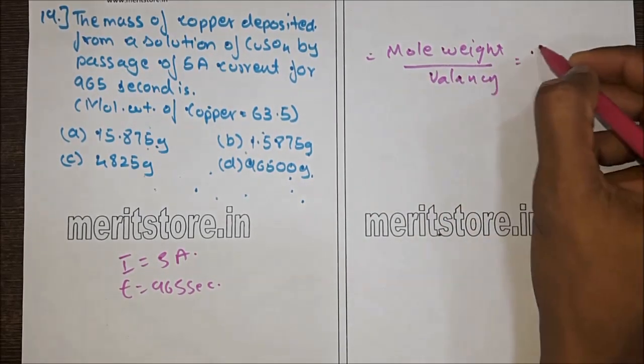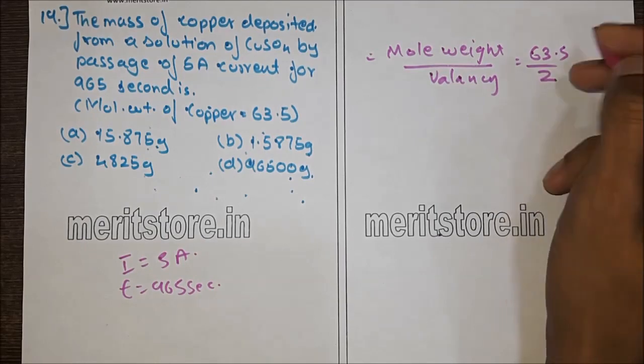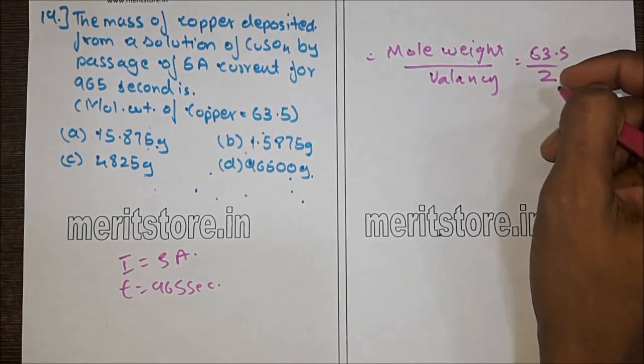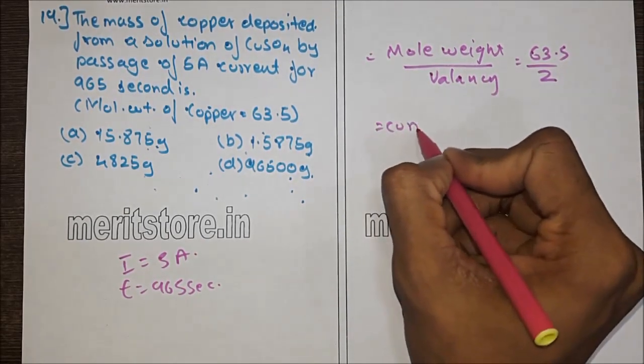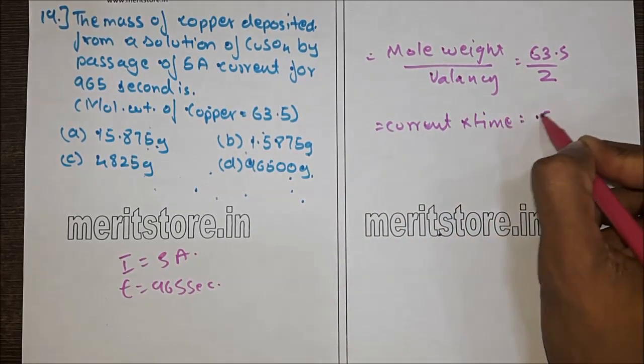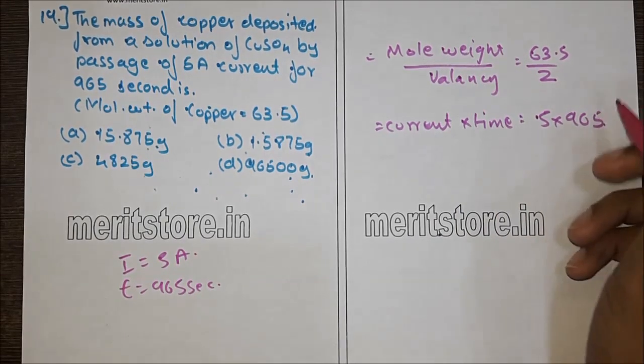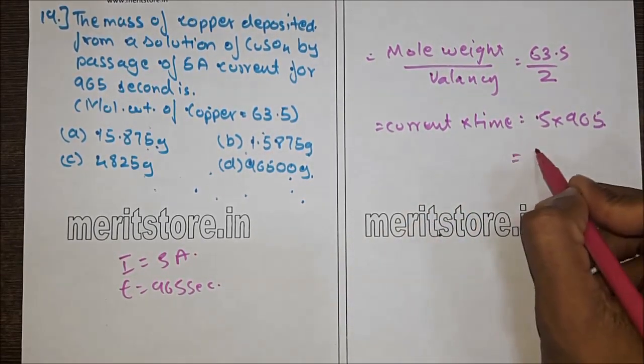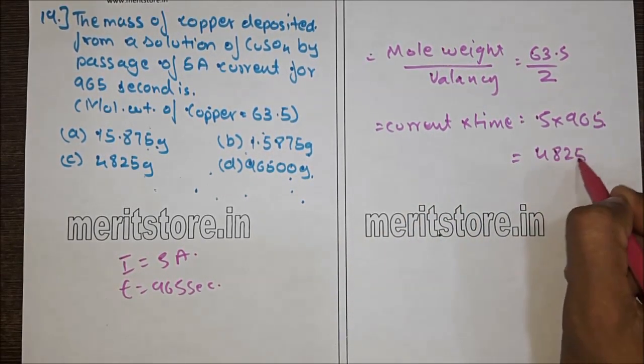which is equal to 63.5 upon 2, and quantity of electricity passed in coulomb is equal to current into time, which is equal to 5 into 965, which is equal to 4,825 coulomb.